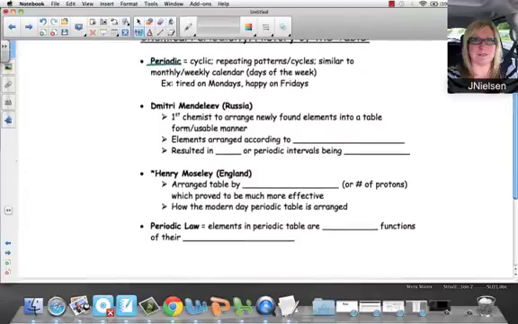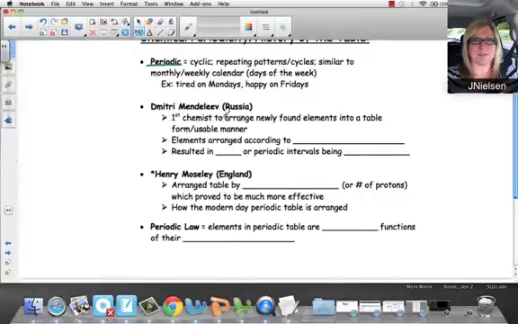We just discussed them. So Dmitri Mendeleev, he was the first chemist to arrange newly found elements into a table, and he arranged them according to atomic weight. This resulted in gaps, or the periodic table being out of order.